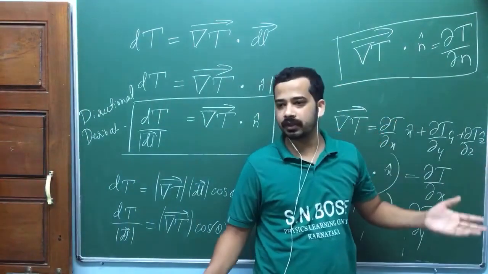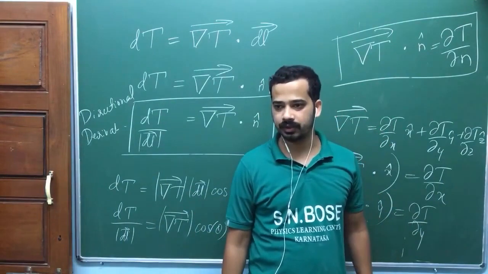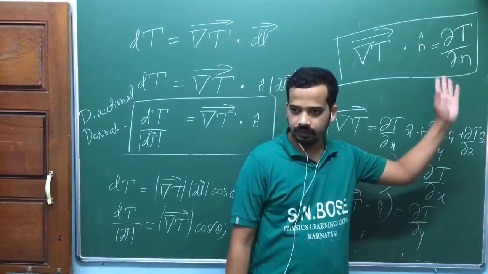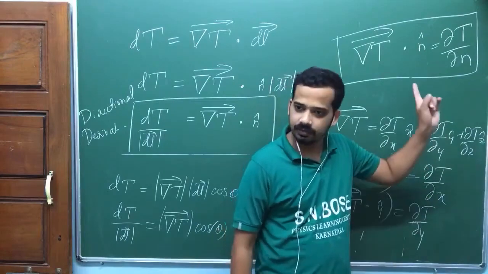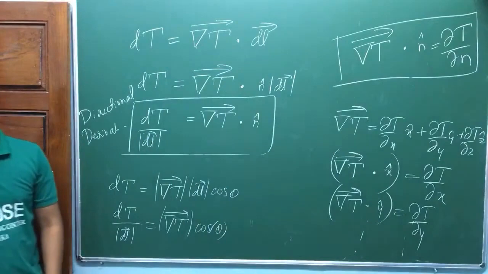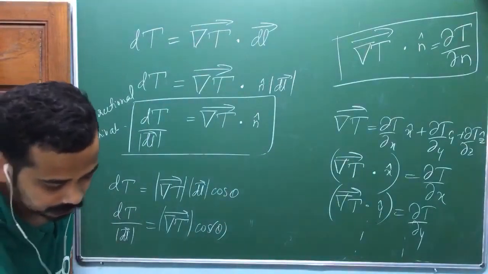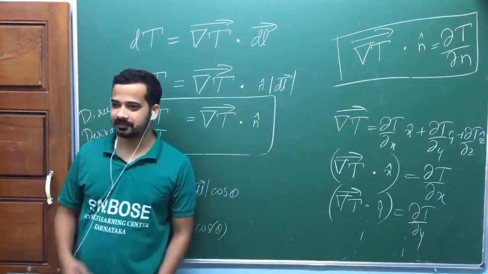How many n caps can you choose? Infinitely many, from some point to some neighboring point in space. All of that infinite number of derivatives is given by this expression. That's how our gradient simplified the mathematics, isn't it?